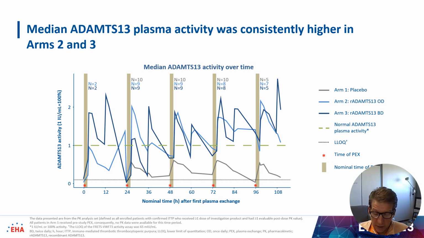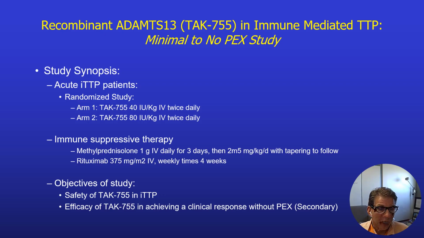That's not absolutely clear. But these data are obviously encouraging enough to lead to a recombinant ADAMTS13 with minimal to no plasma exchange study. So essentially mirroring what was done in the caplacizumab without the plasma exchange study. And the short form of the study synopsis, these are acute immune TTP patients.